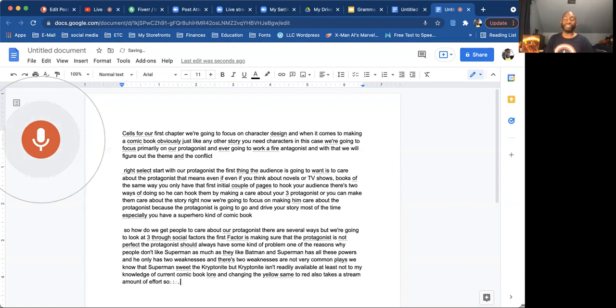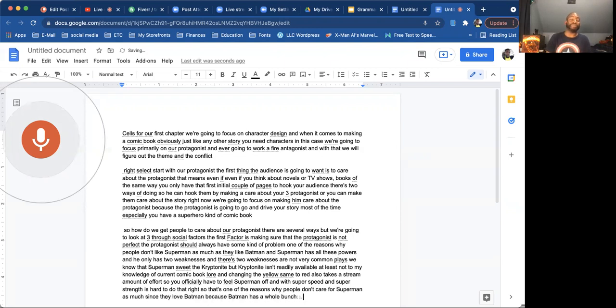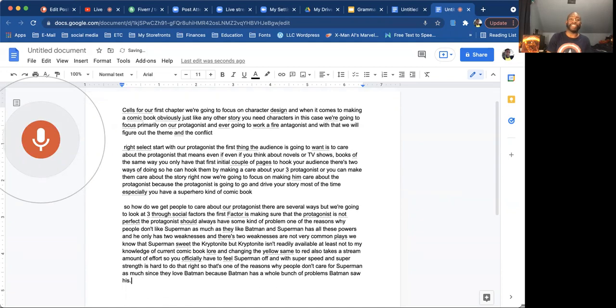So you essentially have to kill Superman off. And with super speed and super strength, it's hard to do that, right? So that's one of the reasons why people don't care for Superman as much as they love Batman, because Batman has a whole bunch of problems. Batman saw his parents get killed, as opposed to Superman, who was sent to Earth without even knowing that he was an alien.